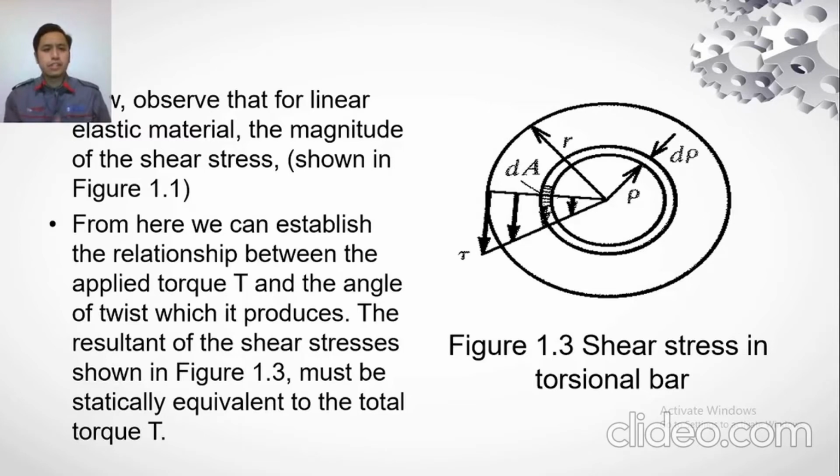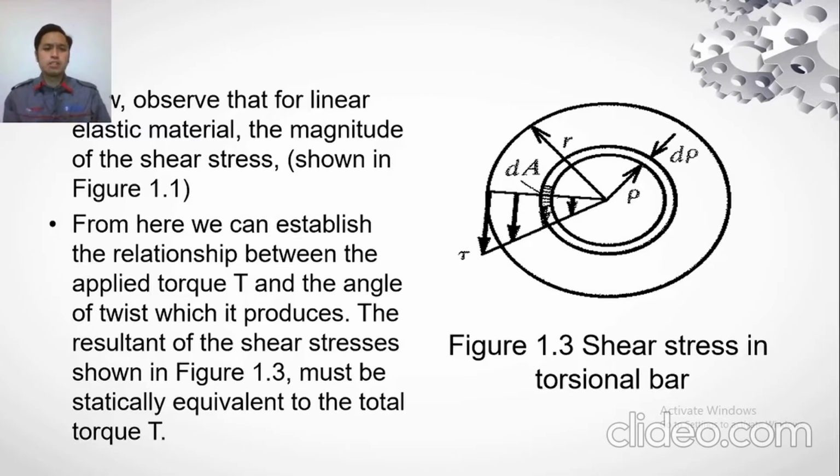Now observe that for a linear elastic material, the distribution of the shear stress is shown in Figure 1.1. From here, we can establish the relationship between the applied torque T and the angle of twist which it produces.